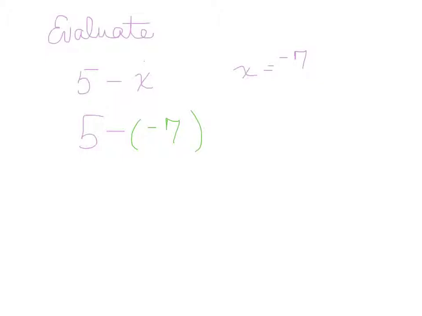Anytime I subtract a negative, the goal with the subtraction sign is to change this to a positive, which means I would also need to change the sign of the number that follows it. So 5 plus 7 would then equal 12.